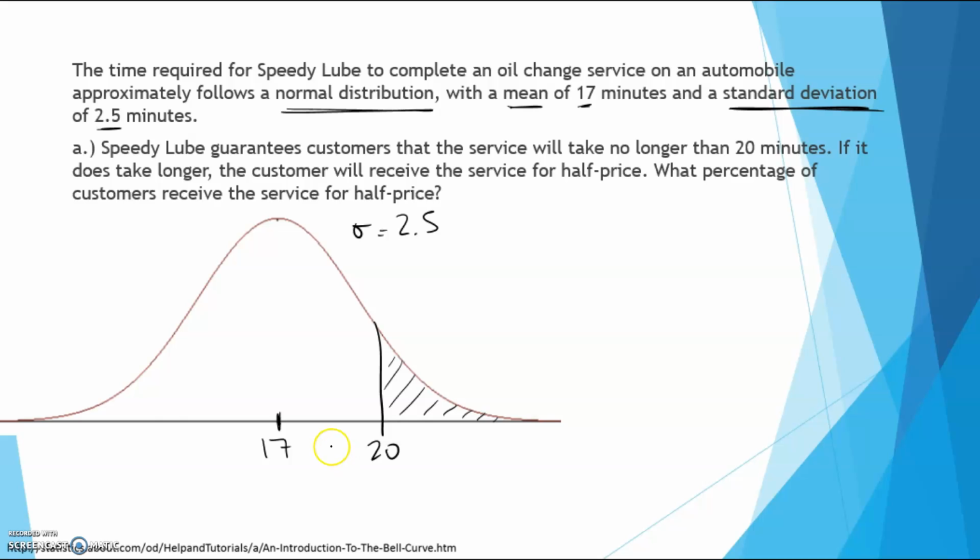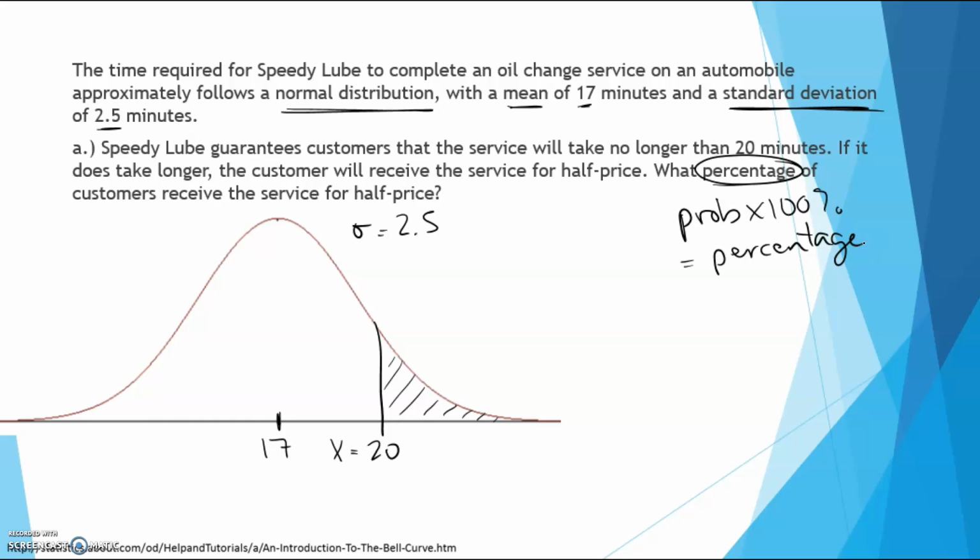Okay, well right now, this is an X value. And what I'm looking for is a percentage, which is the same thing as probability times 100%. That will give us a percentage.